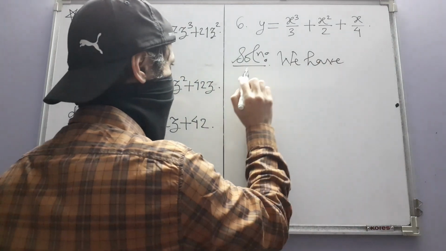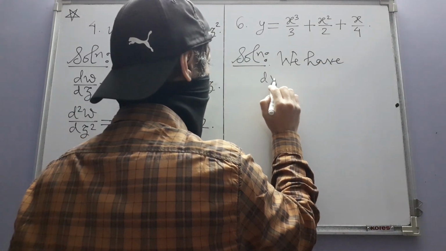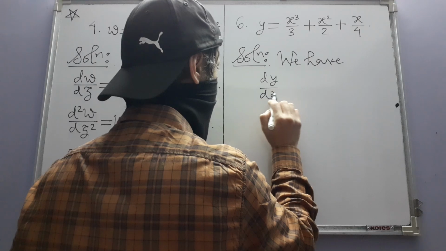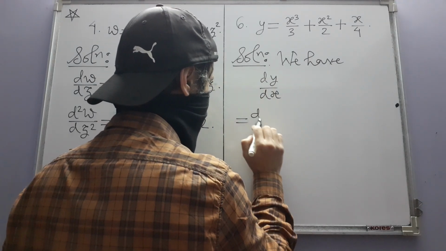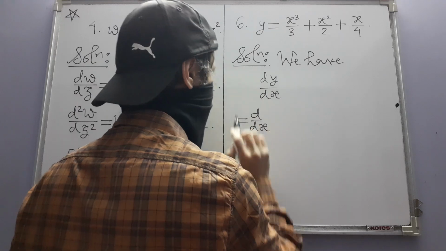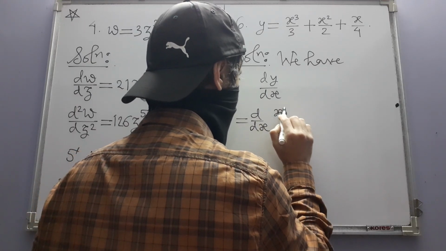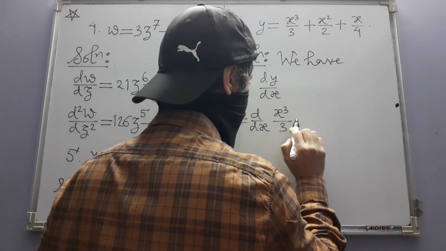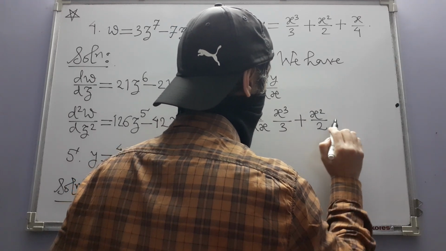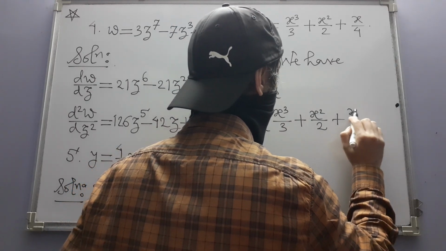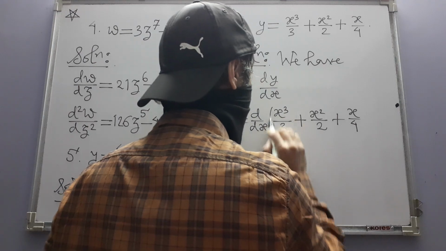We have dy/dx equal to d/dx of x cubed divided by 3 plus x squared divided by 2 plus x divided by 4.